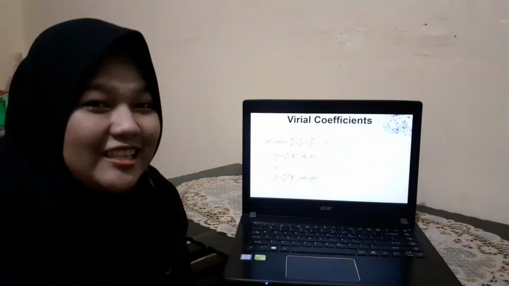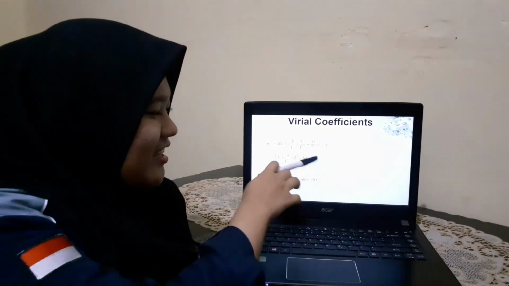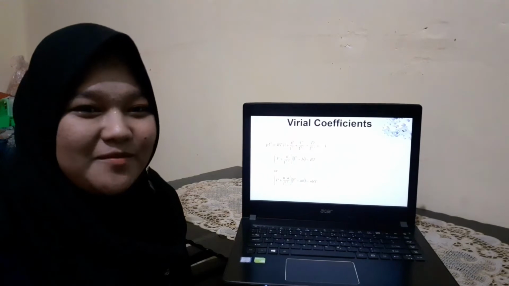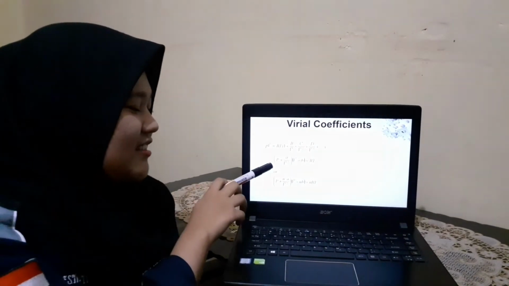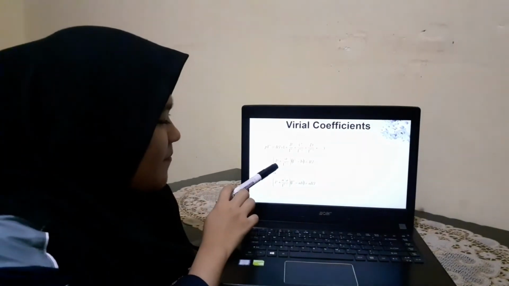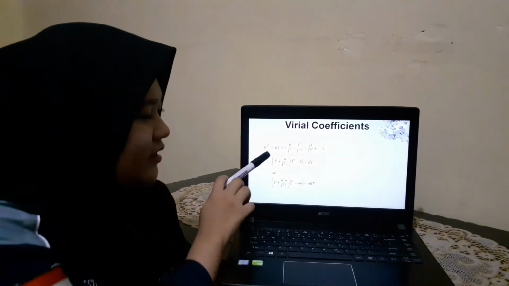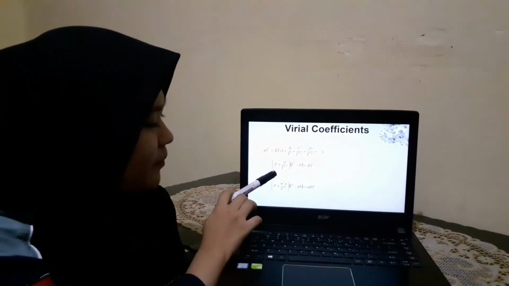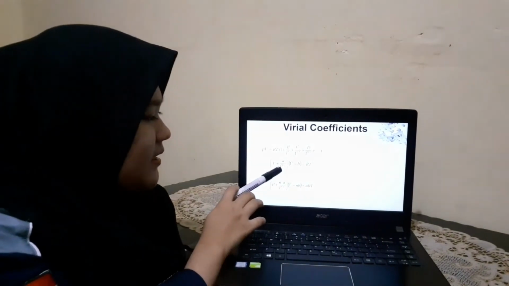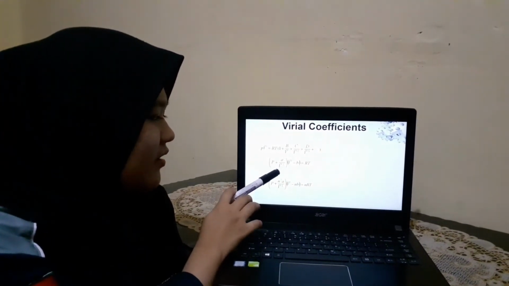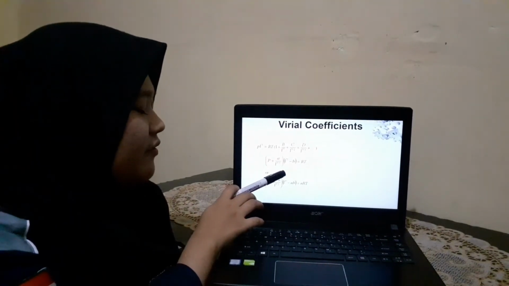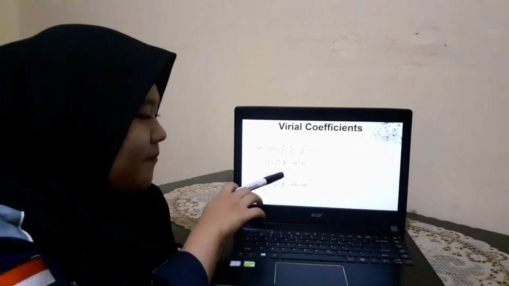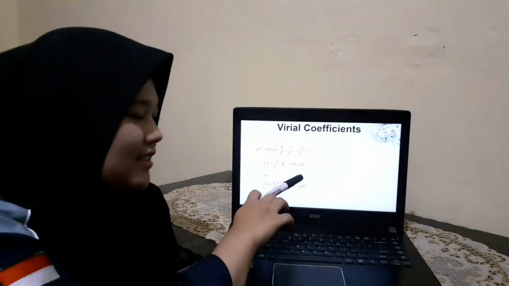The Van der Waals equation will be explained by my partner, so I'll just mention it to you. This is the Van der Waals equation: P plus a divided by molar volume squared, times molar volume minus b, equals RT.